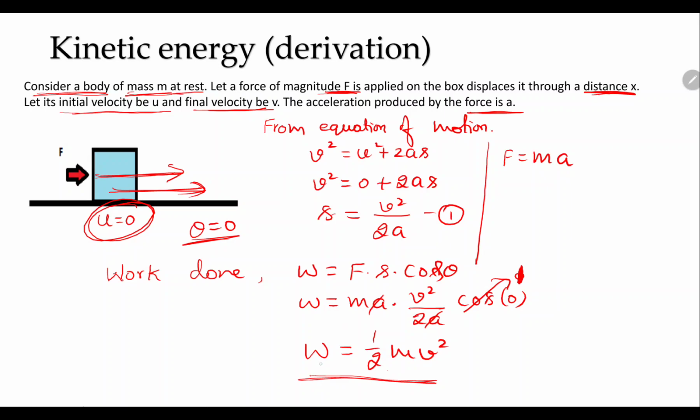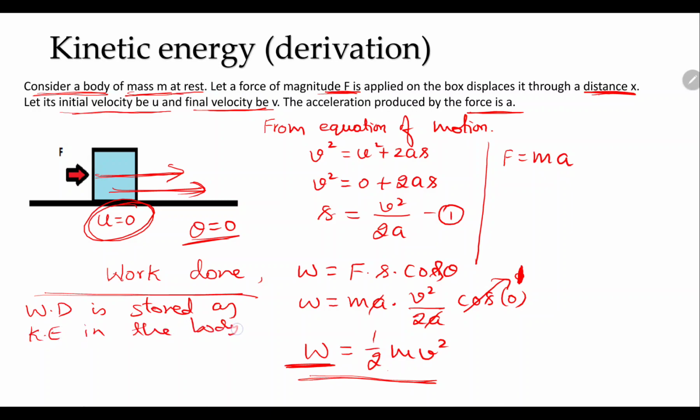It means that we have applied force on the object, and that's why the body has got some kinetic energy. So here we can write that the work done is stored as kinetic energy in the body.